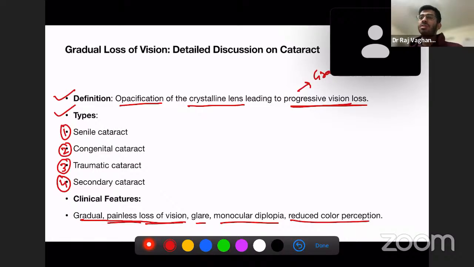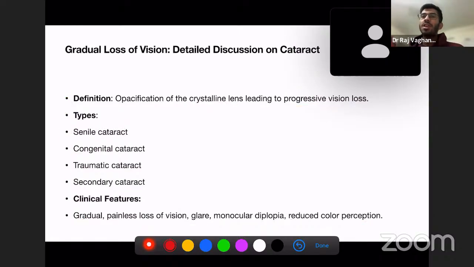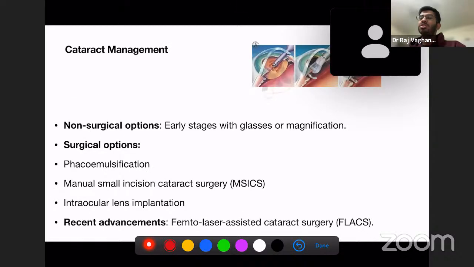Not going into detail about cataract because we've already discussed it in our previous live sessions. We'll only discuss the management part in the next slide. So how do you manage cataract? The most commonly done nowadays is the phacoemulsification process.